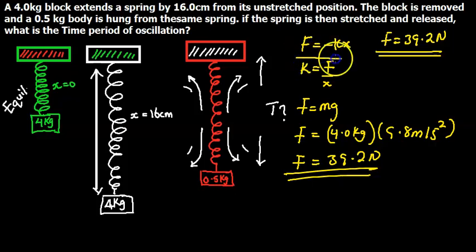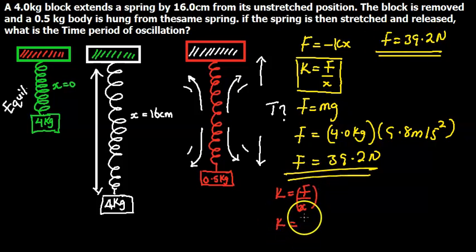This is the formula for us to find our spring constant, k. The spring constant k is our force divided by x, the displacement. Our k is simply going to be 39.2 Newton divided by x. Remember, our x is in centimeters, which is 16.